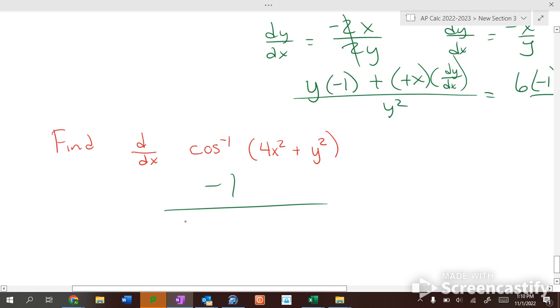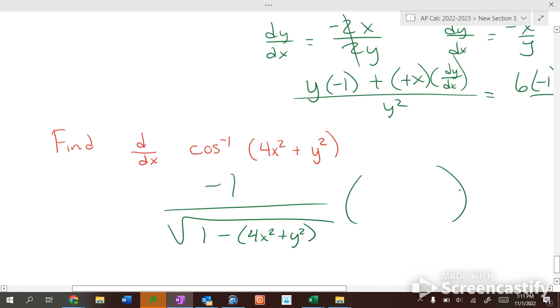Negative 1 over the square root of 1 minus 4x squared plus y squared times the first derivative of this, which is 8x plus 2y dy dx. I would guess we'd stop right there.